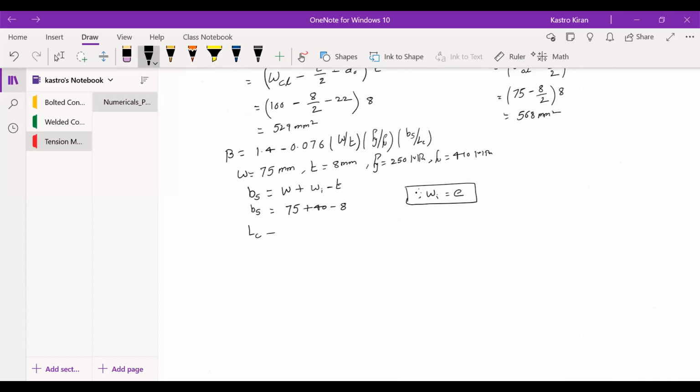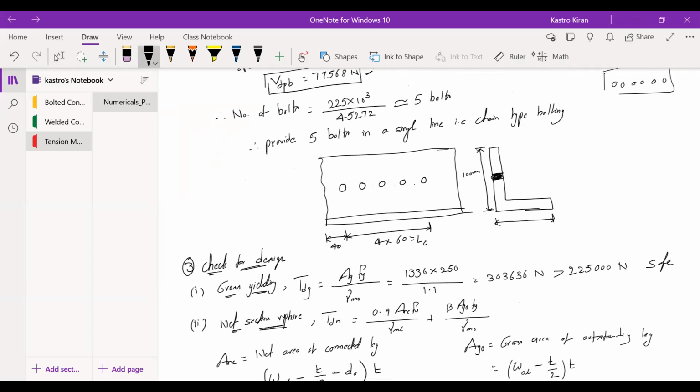Now Lc is what? Length of connection. We have discussed this length of connection also. How to calculate it? From center of the first bolt to the center of the last bolt. This is called Lc.